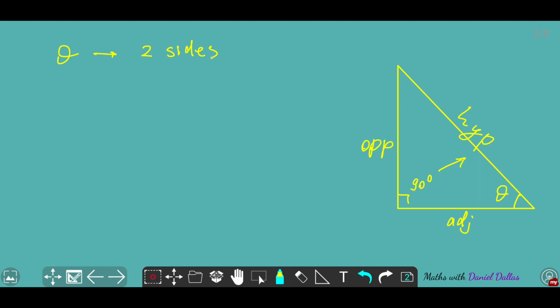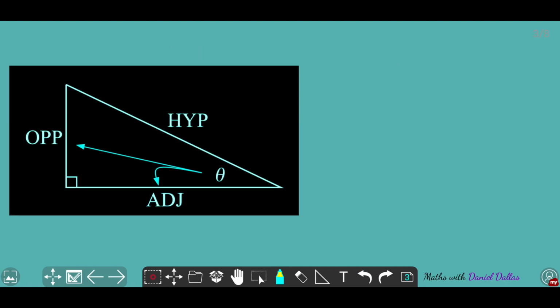There are actually other outcomes which connect trig functions, but the primary goal in setting up those trig ratios is to connect the angle with specific sides. 2 sides means you can take, for example, hype and opposite side, or adjacent side and hype, or adjacent side and opposite side. And every time angle theta is going to be in the trig ratio. All right, too many words, it's better to show you.